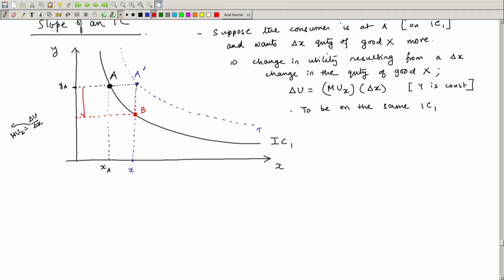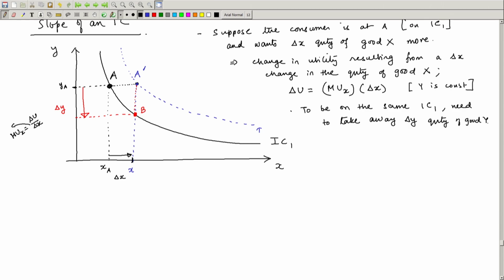of good y, right. So, I need to take away delta y quantity of good y, and you gave the consumer delta x quantity of good x here, right. So I want to take away delta y quantity of good y to be on the same indifference curve. Now, when I am taking away delta y quantity of good y, notice the quantity of good x remains the same.